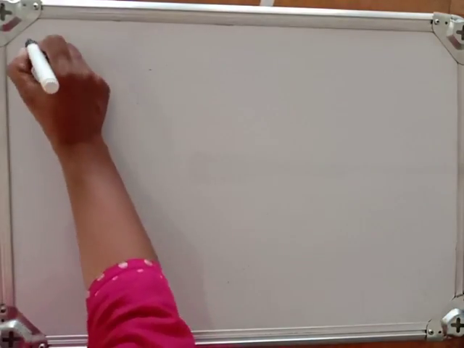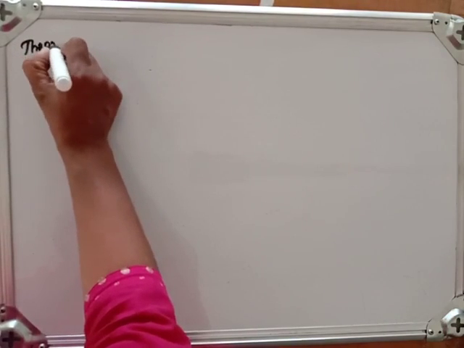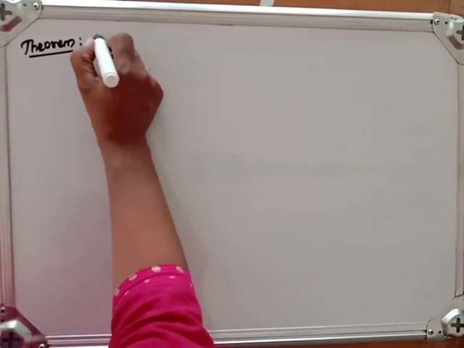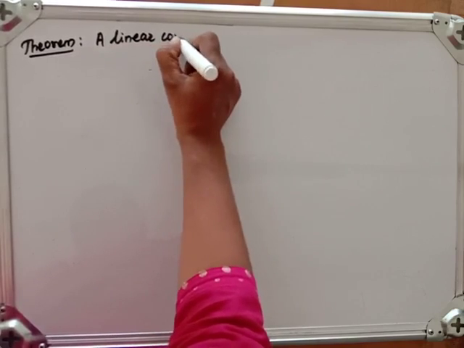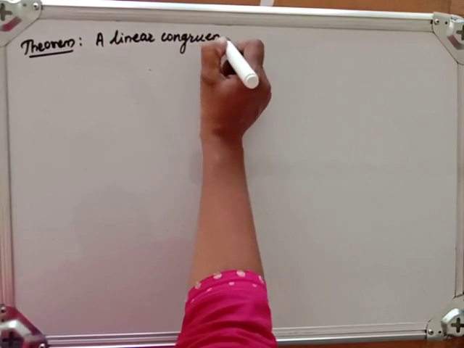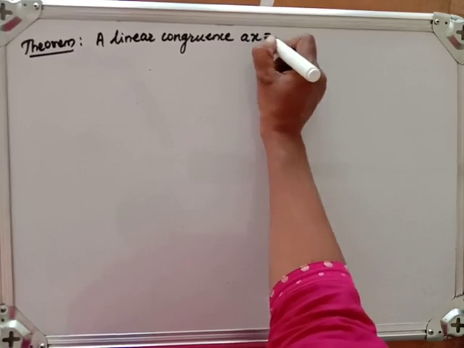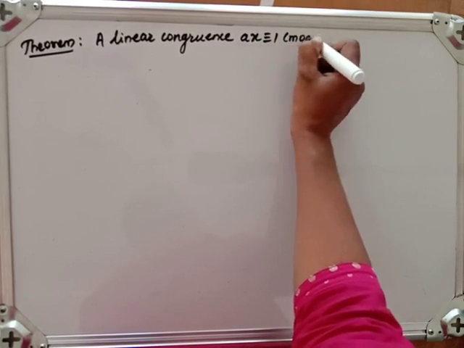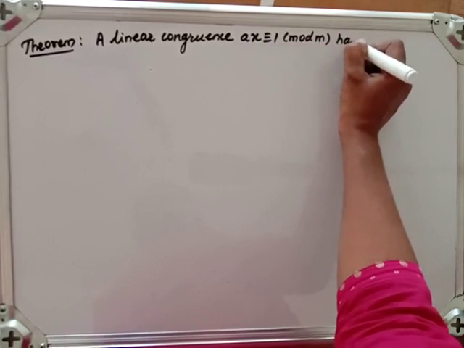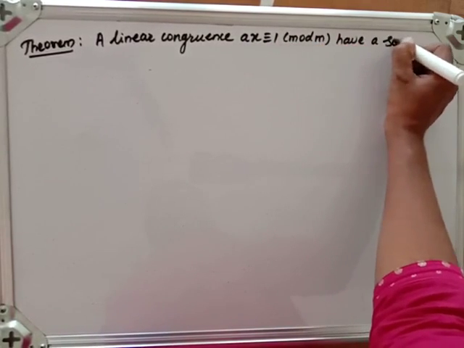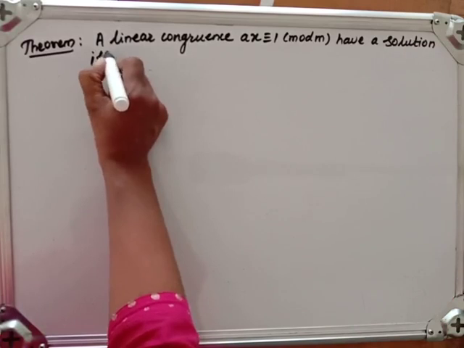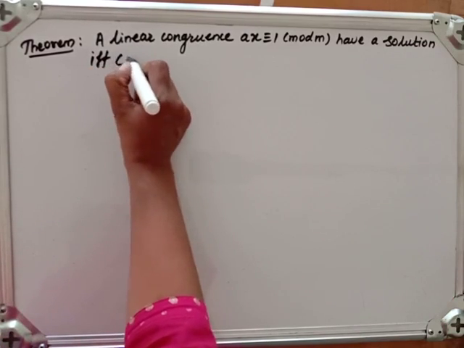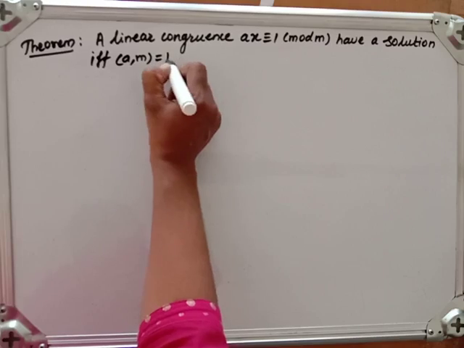Theorem: a linear congruence Ax congruent to 1 modulo m has a solution if and only if a and m are relatively prime.